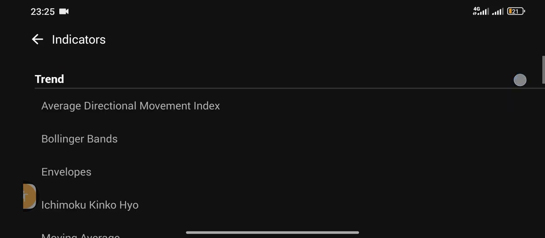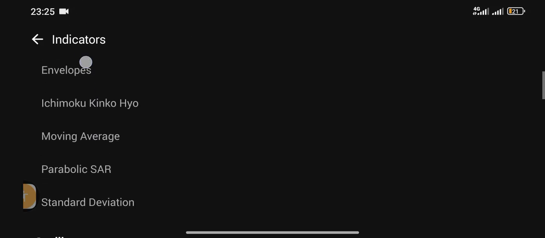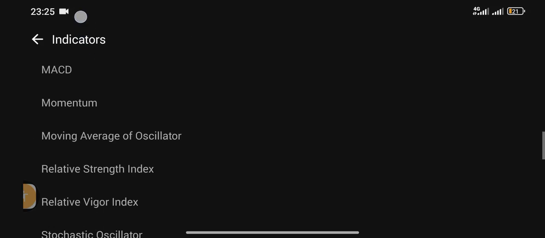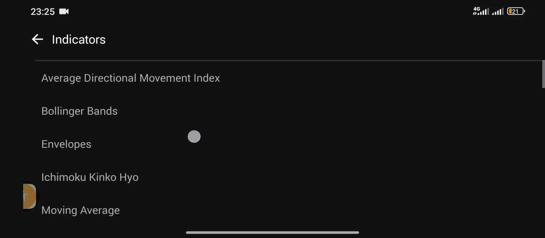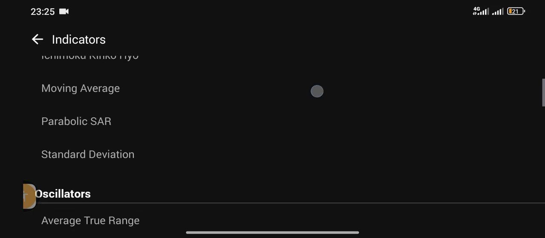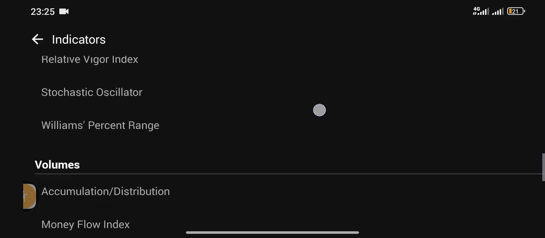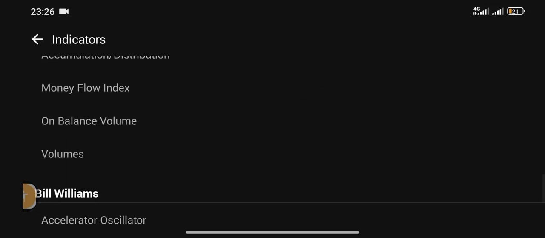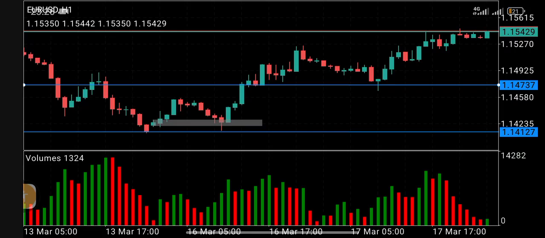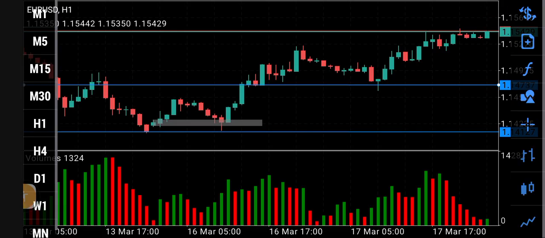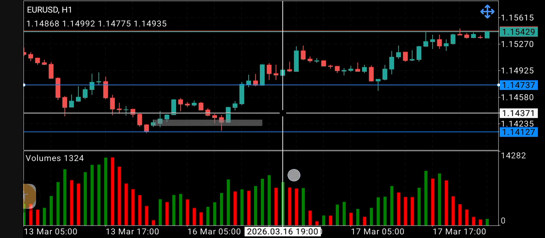So I will now apply my volume to find out what the move is all about, to find out if the move is validated. Okay, this is my volume. Let me check. Look at it here.